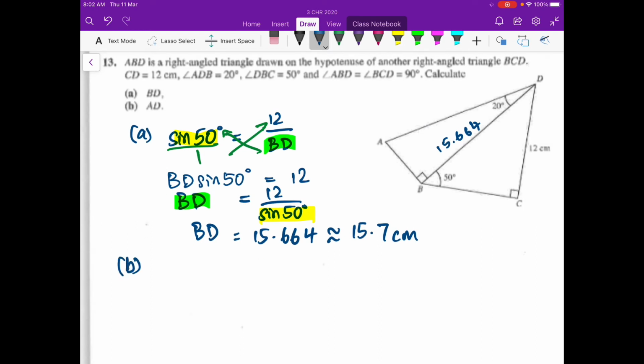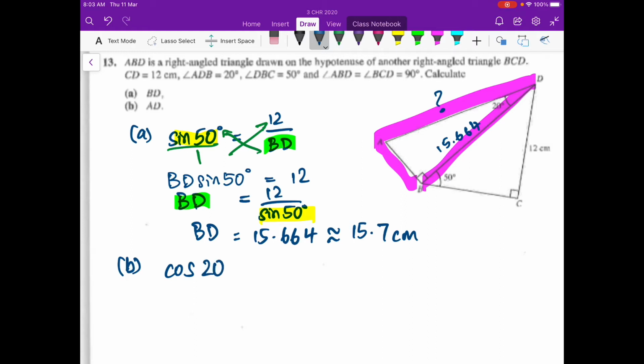AD. Because we have the adjacent and we want to find the hypotenuse. Okay, then cosine what? Cosine 20 degrees, yes, always have an angle equals to? Right, which one is the adjacent? Good, 15.664.